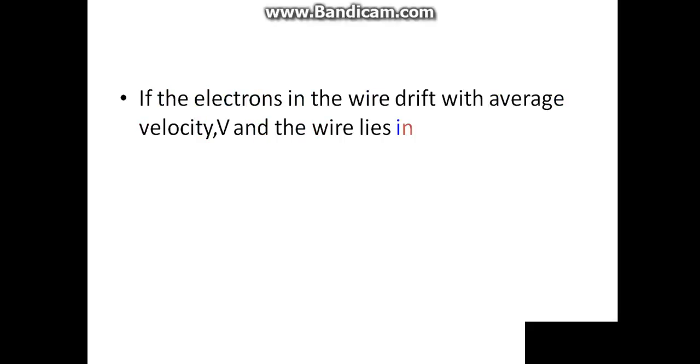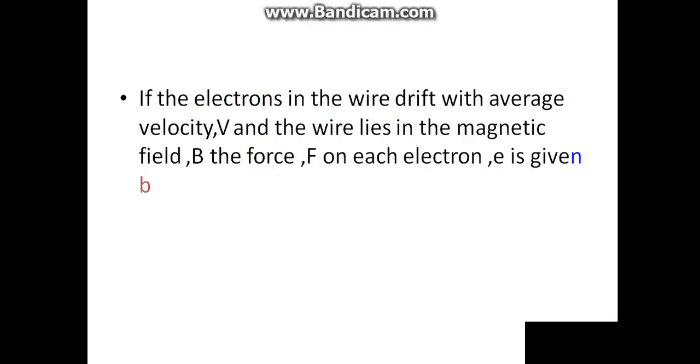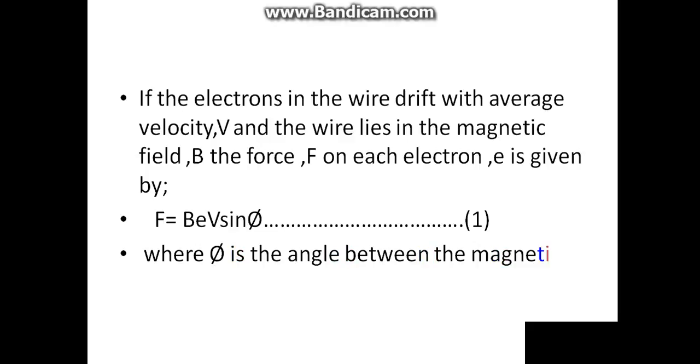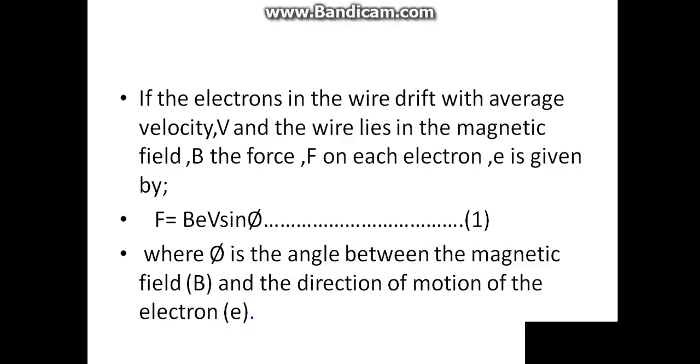If the electron in the wire is travelling with average velocity V and the wire lies in the magnetic field B, the force F on each electron e is given by F = BeV sin θ, equation 1, where θ is the angle between the magnetic field B and the direction of motion of the electron e.